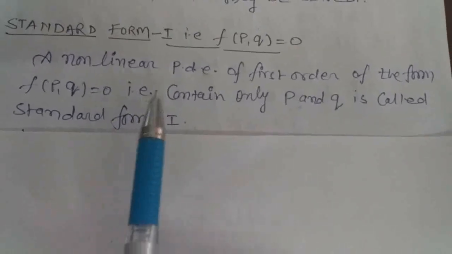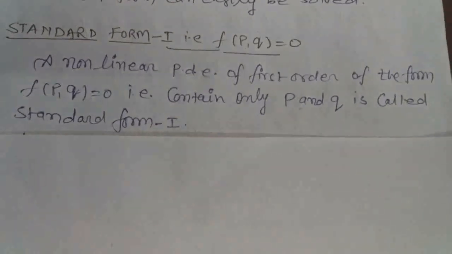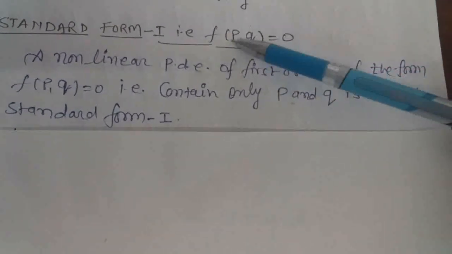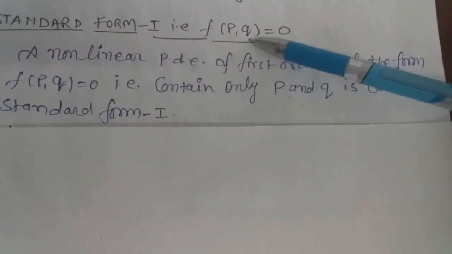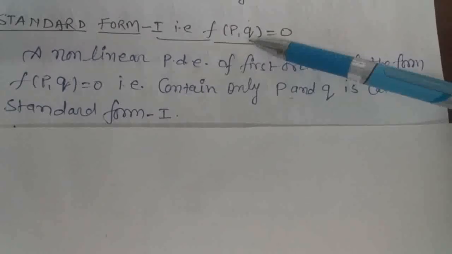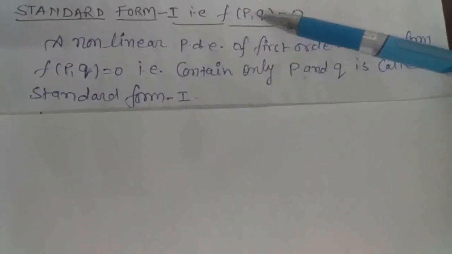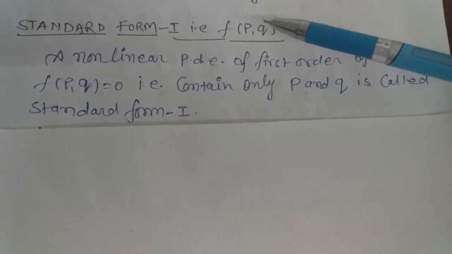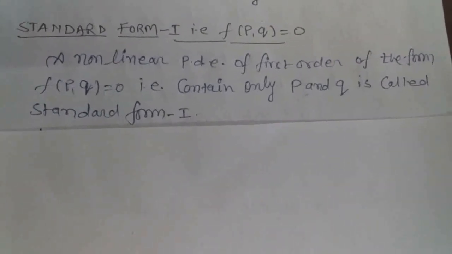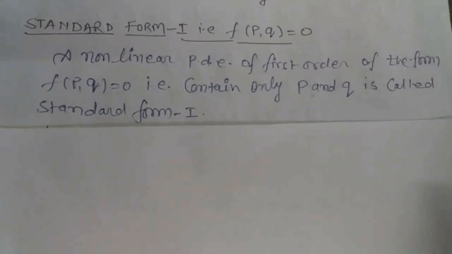So a non-linear partial differential equation which contains only the two partial derivatives of first order p and q, and neither the dependent variable z nor the independent variables x and y, is called standard form first.